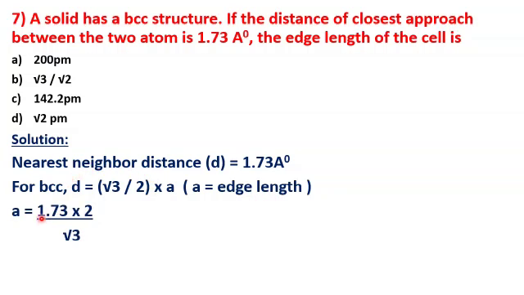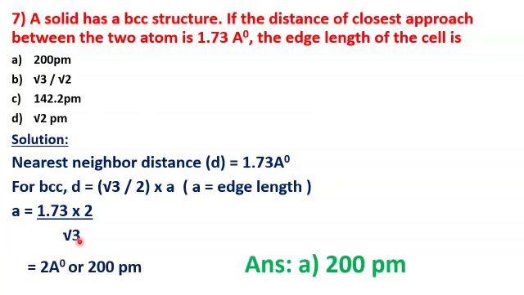So a becomes d into 2 divided by root 3. So here d, that is nearest neighbor distance, is 1.73 into 2 divided by root 3. On simplifying, we will get the value of a, that is 2 angstrom, or you can write it as 200 picometer. Hence the correct option is option A, 200 picometer.